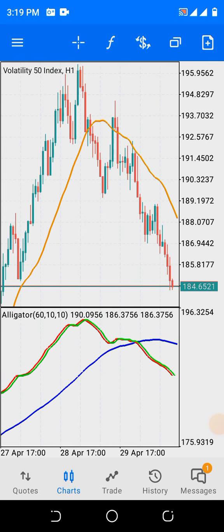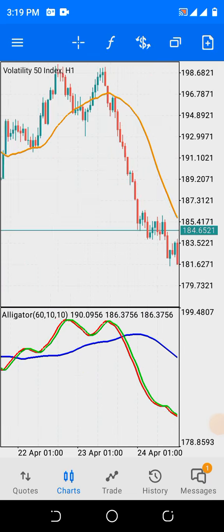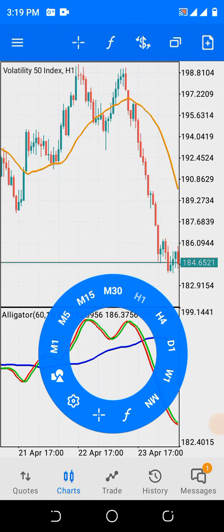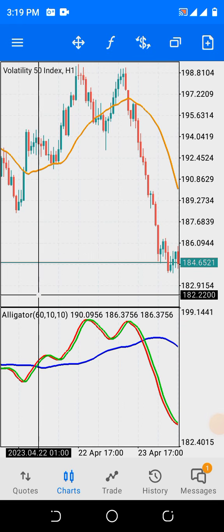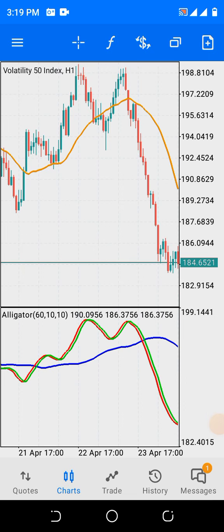Now I told you before that this indicator will show you where to make your entry, where to place your stop loss, and also show you if you should make the trade or not. Do you understand? All right, now let me show you. On my screen you will see that there are 3 lines of the alligator indicator: green line, red line, and blue line.